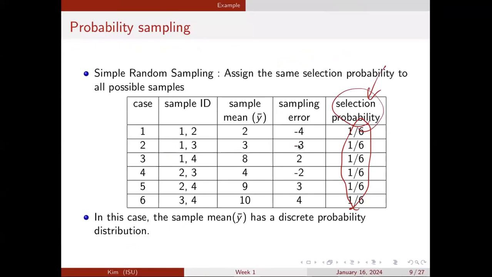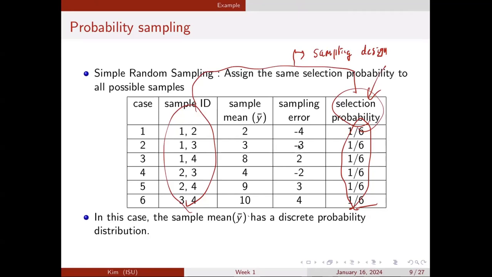That is interesting because by assigning a rule, I basically have a way to select a sample, right? So this pair is sometimes called the sampling design. How can I select a sample?